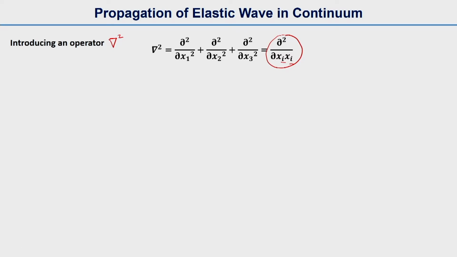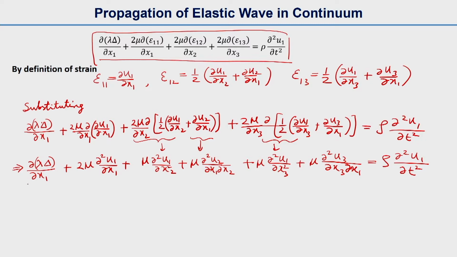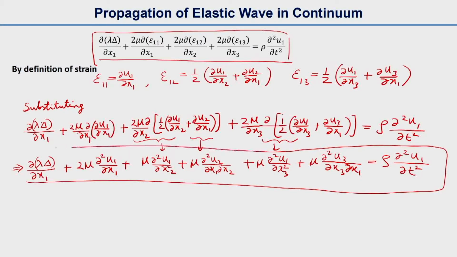So these repeated indices show summation. We can discuss this later if time permits, but without this indicial notation we will be working it out. In the previous slide we ended up with this one, so we'll start from there.